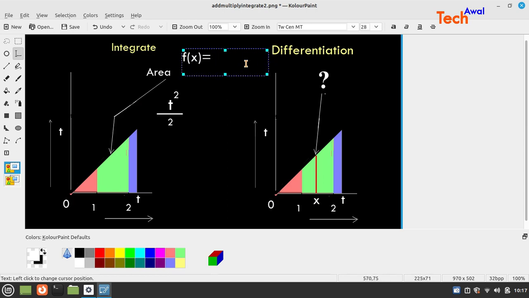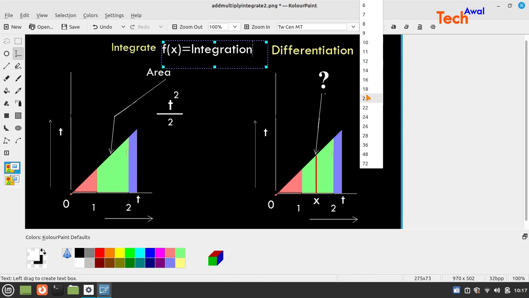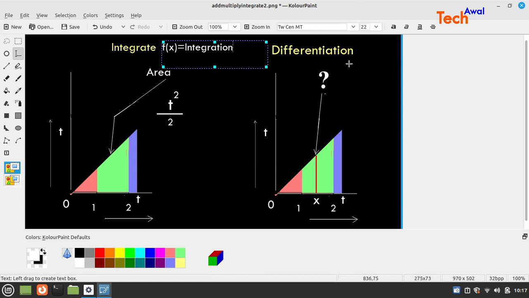Okay, so if f(x) is a function, then the area is integration of f(x).